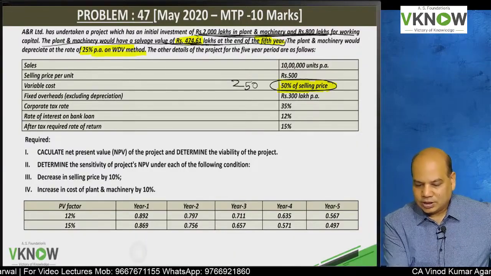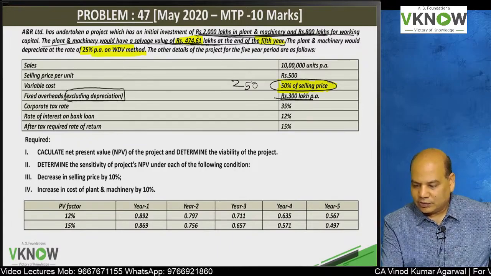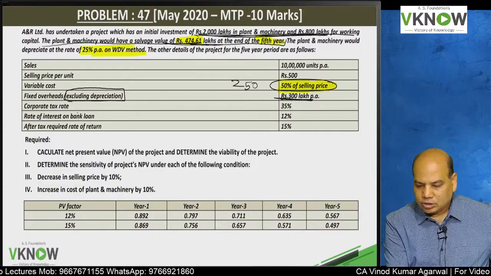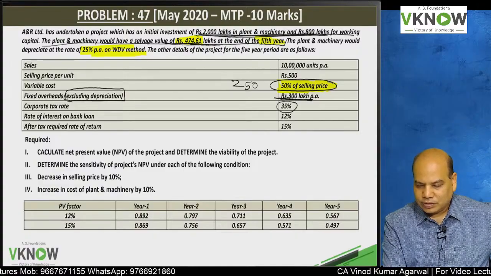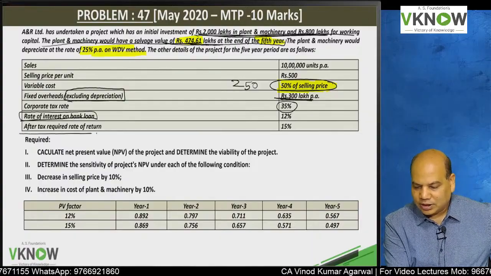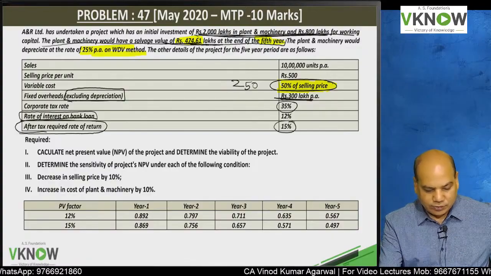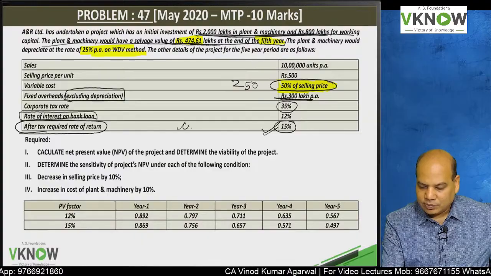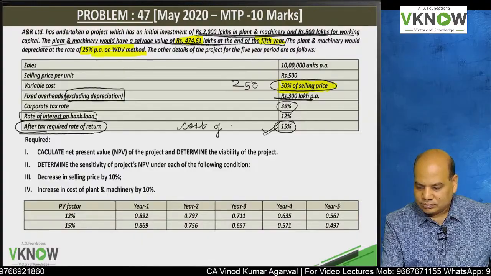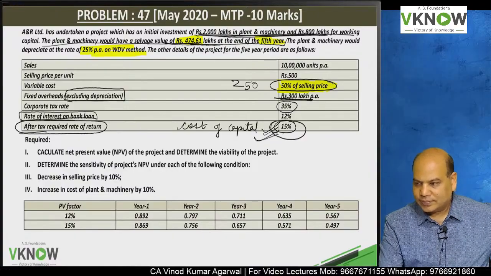Fixed overhead excluding depreciation 300 lakhs per annum. Tax rate is also given, 35%. Rate of interest on bank loan 12%. After tax required rate of return 15%. 15% is my cost of capital. And we are going to use cost of capital as a discount rate.